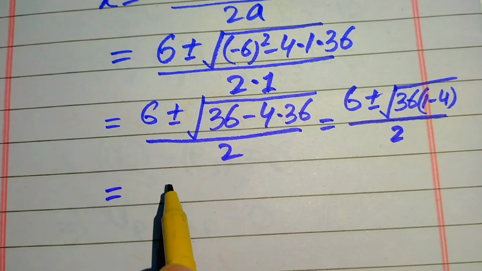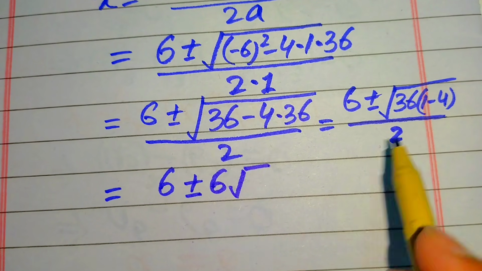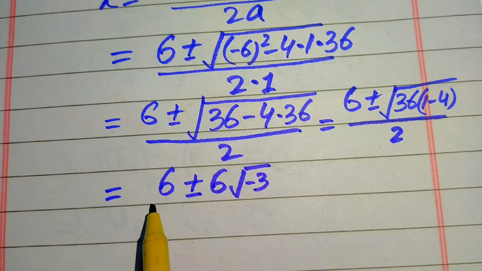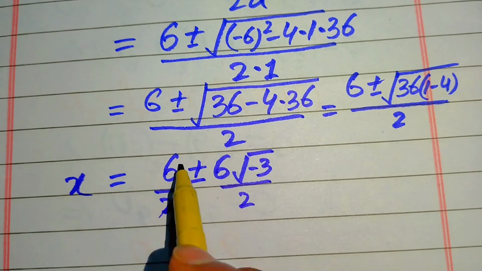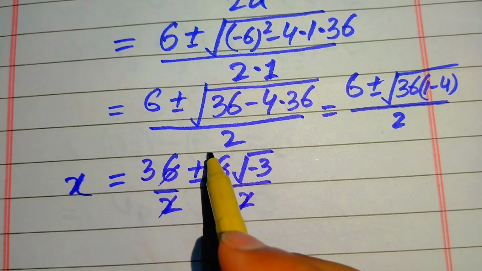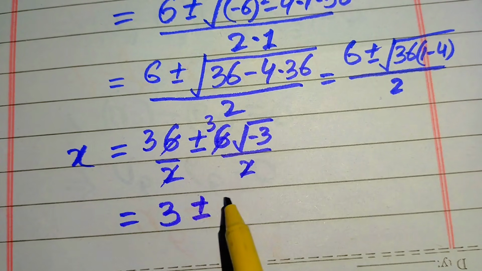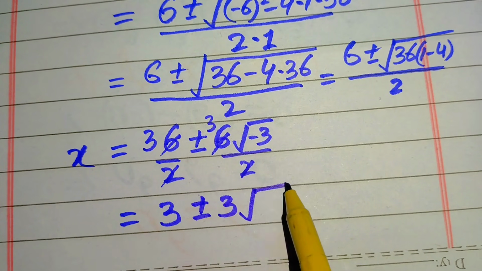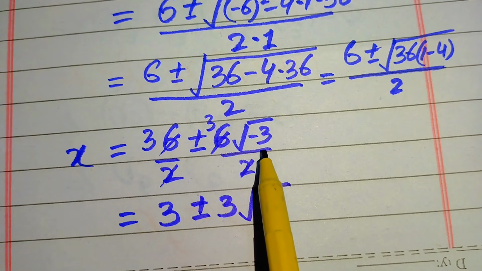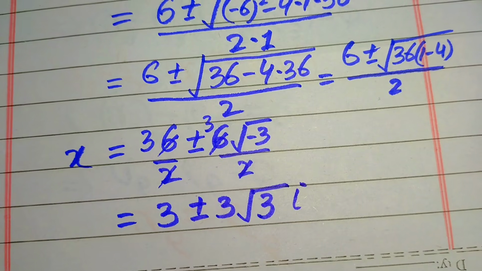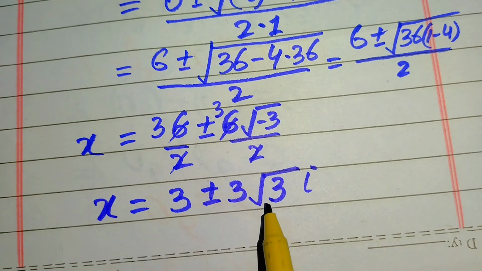Further we write these terms as 6 plus minus, and we know that the square root of 36 becomes 6, and 1 minus 4 becomes minus 3, and we break this fraction and write it separately in two ways. So this is 2 times 3, which becomes 6, and again 2 times 3, which becomes 6, and we get 3 plus minus 3 times the square root of 3, and you know that a negative sign appears inside the square root sign, so we write it as iota. So here we get x equals 3 plus minus 3 times square root of 3 iota.